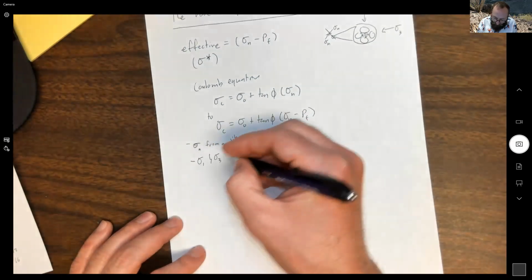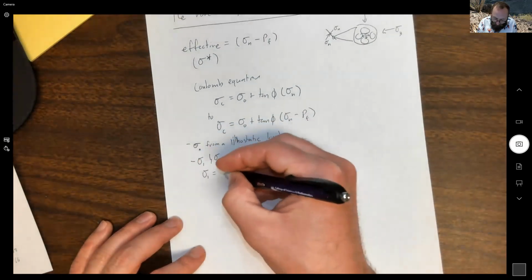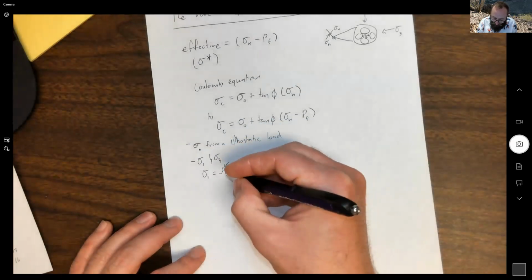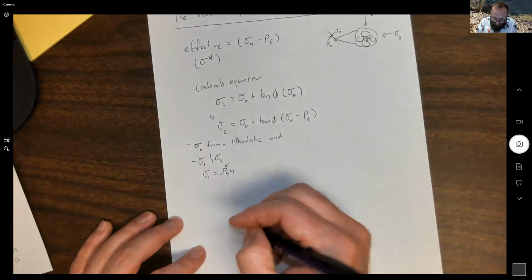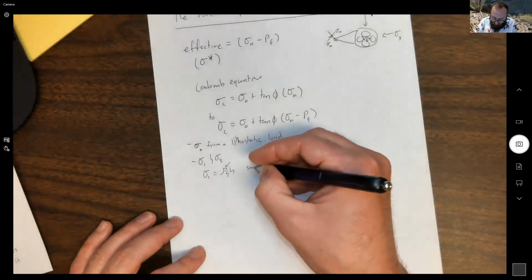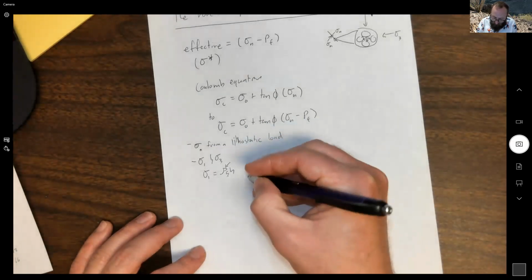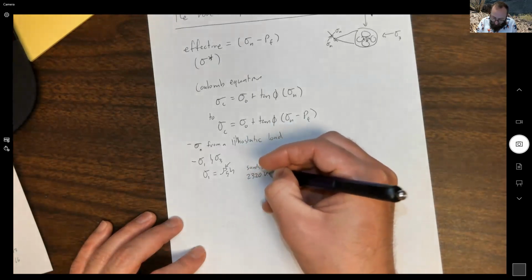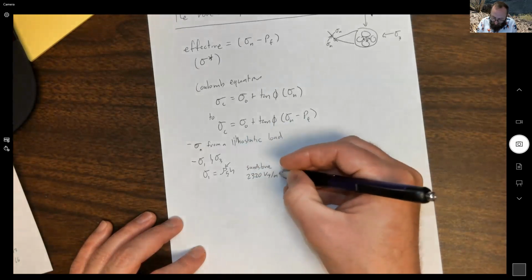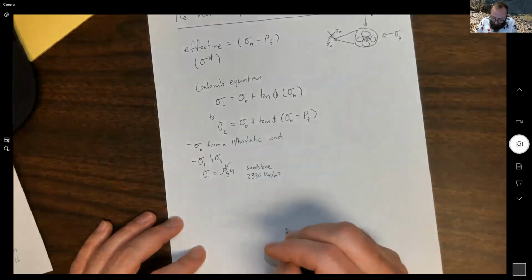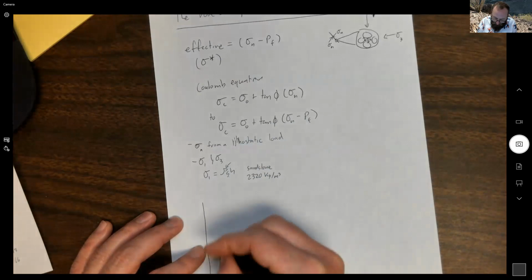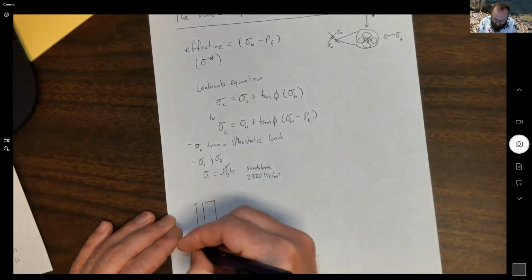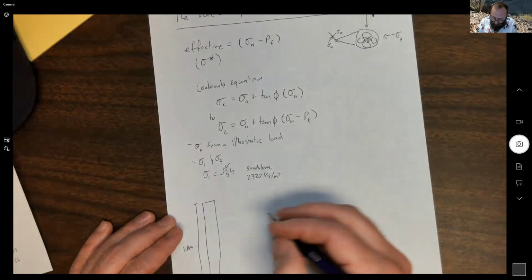We can say sigma 1 just equals rho g h, the density of our rock column times gravity times height. Let's say we have just sandstone, which has a density of 2,320 kilograms per meter cubed, and let's say we have a column of rock that's 10 kilometers in height. So we're down in the earth 10 kilometers.